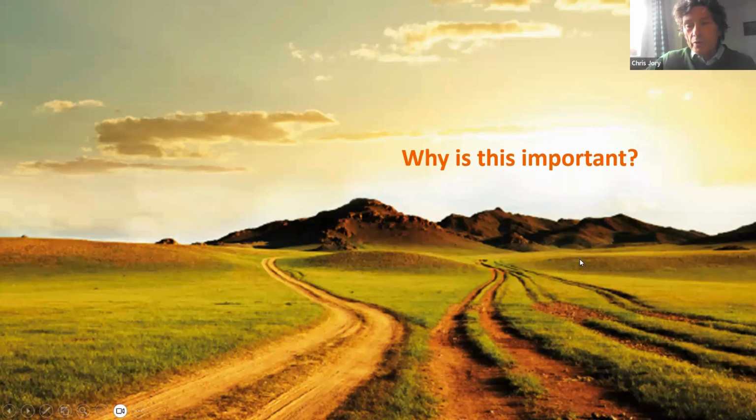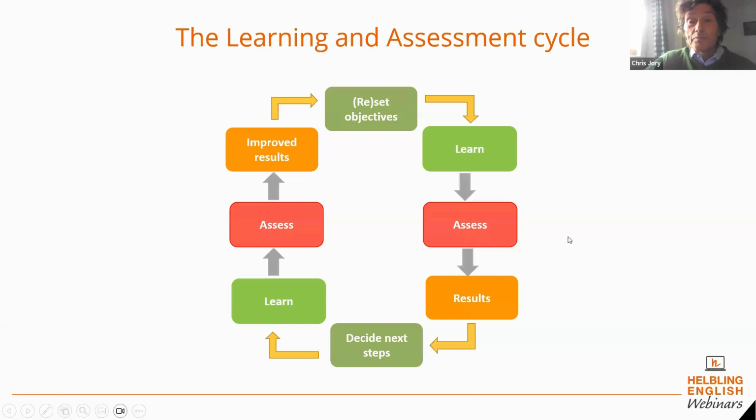And it's important that you can keep track of where your group as a whole is, but also where your individual students are, and where they may need support or further challenge to keep them on that path towards their goals. And this is reflected in this learning and assessment cycle, which, it's not rocket science.